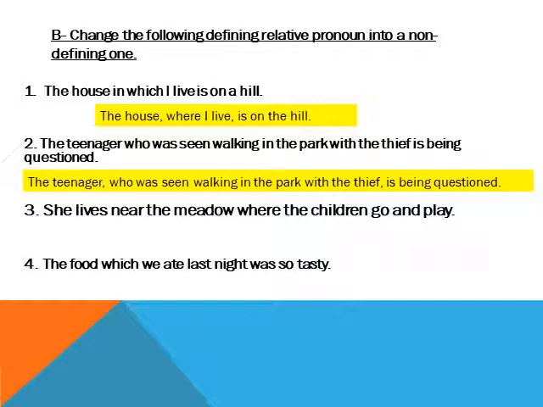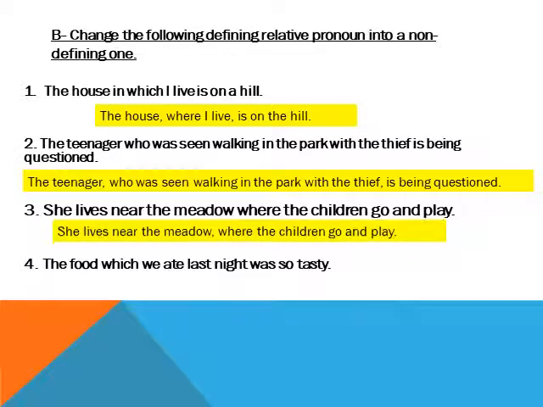So we focus on the fact that the teenager is being questioned. Number 3, she lives near the meadow where the children go and play. Again, we want to change the function of where, the defining relative pronoun, to become a non-defining one. So what do we say? Yes, we say she lives near the meadow, comma, where the children go and play.